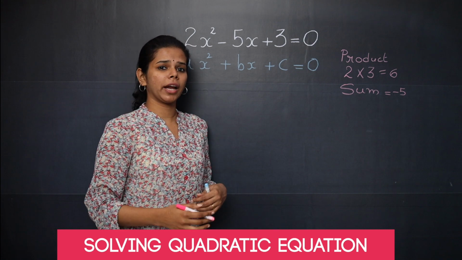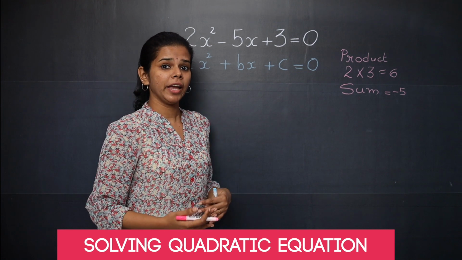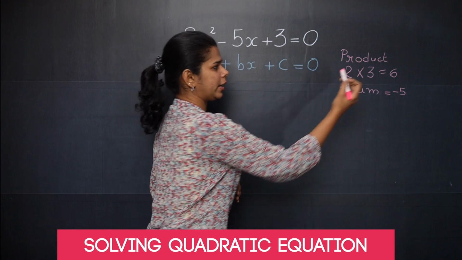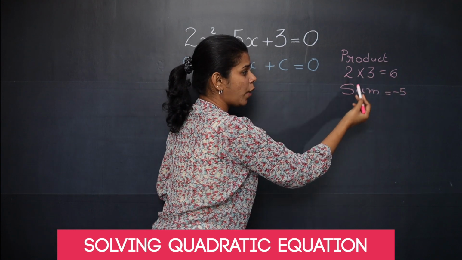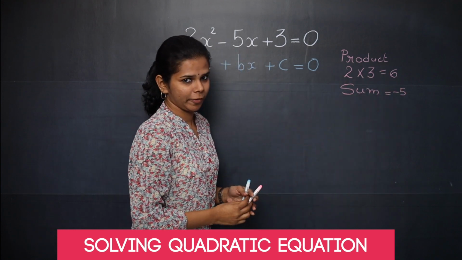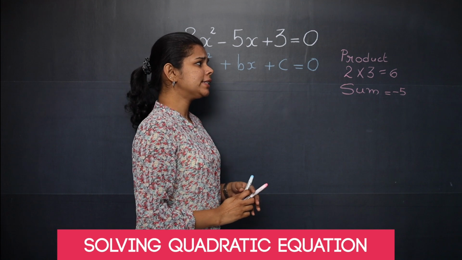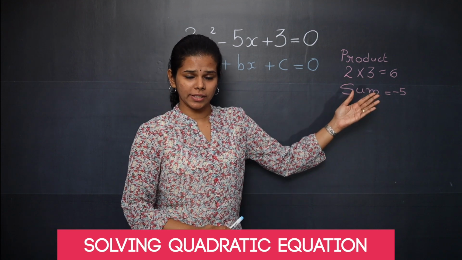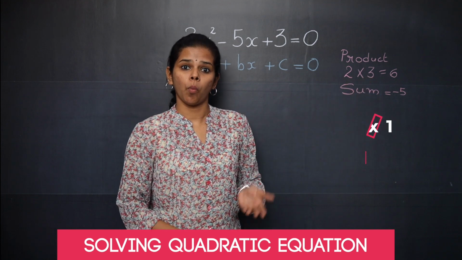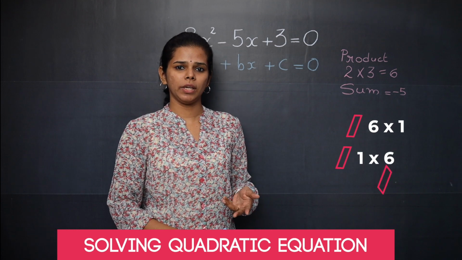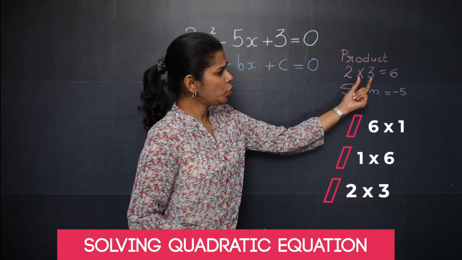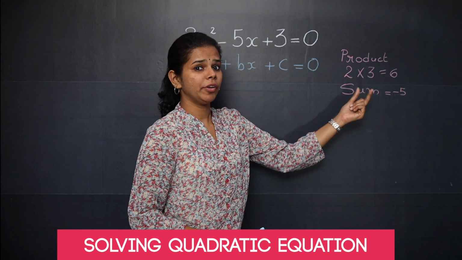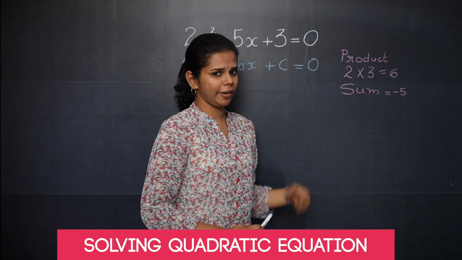Now you need to find two numbers where when you multiply you will get positive 6 and when you add you will get negative 5. So to get 6 there are different ways like 6 into 1, 1 into 6, 2 into 3. But when you do that you should make sure that when you add it you should get negative 5.